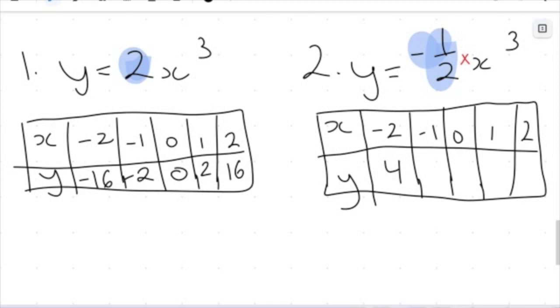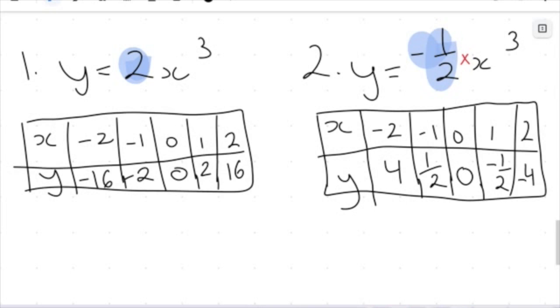Timesing that by negative a half gives me positive a half. 0 gives me 0. Now when I substitute in 1 for the x, 1 cubed is going to be 1. Times by negative a half gives me negative a half. And 2 cubed gives me 8. Times that by negative a half gives me negative 4.